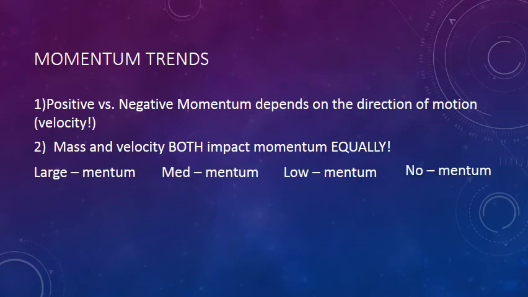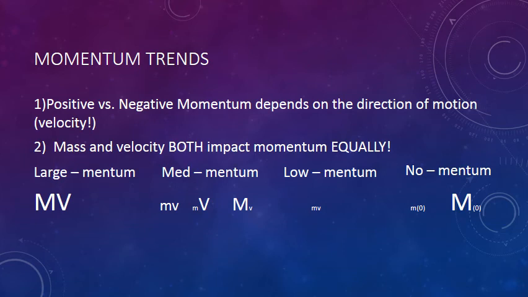So let's look at this in terms of kind of a scale here where we have things that will get a large momentum on the left-hand side of our screen all the way down to no momentum on the right-hand side. So if we have a large mass and a large velocity, that's going to end up giving us a large momentum.